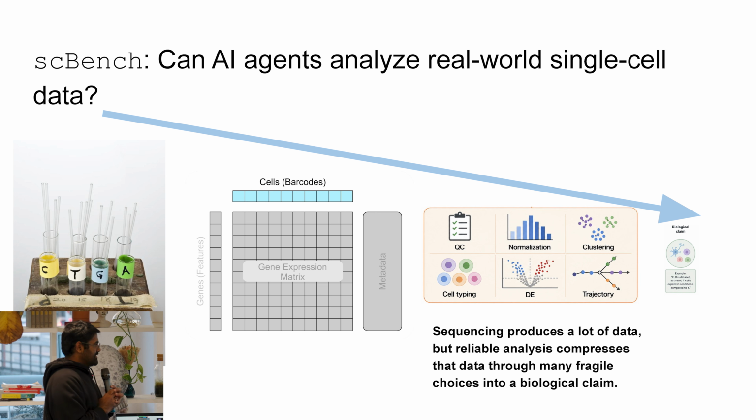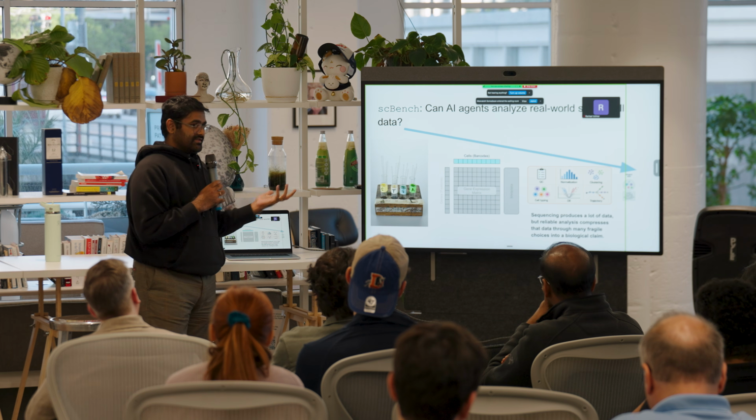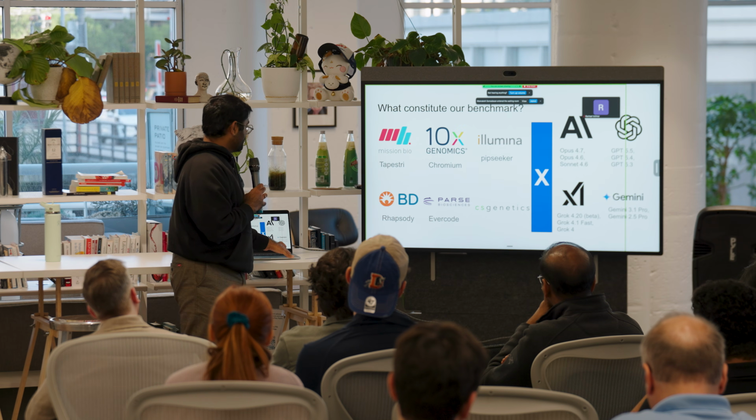The cost of sequencing has certainly gone down, but reliable analysis compresses the data through many fragile choices into a biological claim. And essentially, training these models to be able to confidently say where they can go wrong, or even just starting by benchmarking their limitations, is something that would definitely help us further how we think about these models.